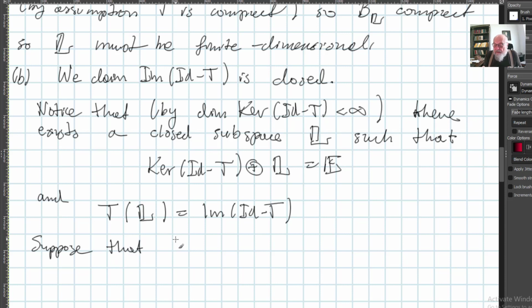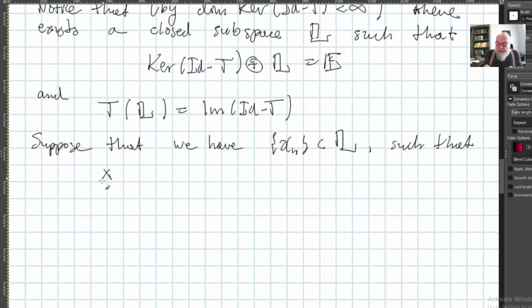Therefore, suppose that we have a sequence xn contained in L, satisfying the property that xn minus T xn, which I called yn, so those are elements from the image, converge to y0 as n goes to infinity.